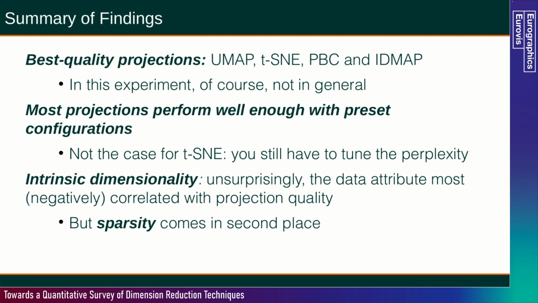Intrinsic dimensionality, unsurprisingly, was the data attribute that was most negatively correlated with projection quality, but sparsity is the second one that correlates most negatively with quality. So you have to take care when using projections to reason about sparse data, which is an interesting result as well.